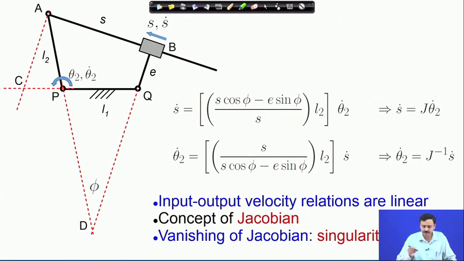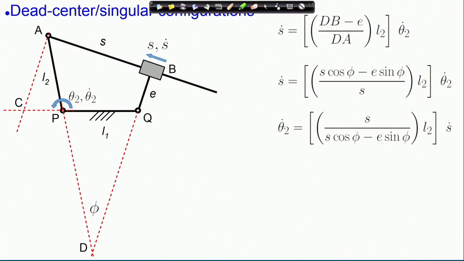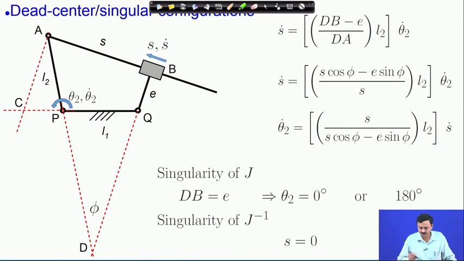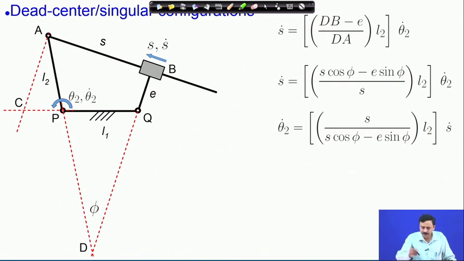So, here I have written out the relations both direct and inverse. You can see very easily that this is the Jacobian and this is the Jacobian inverse.